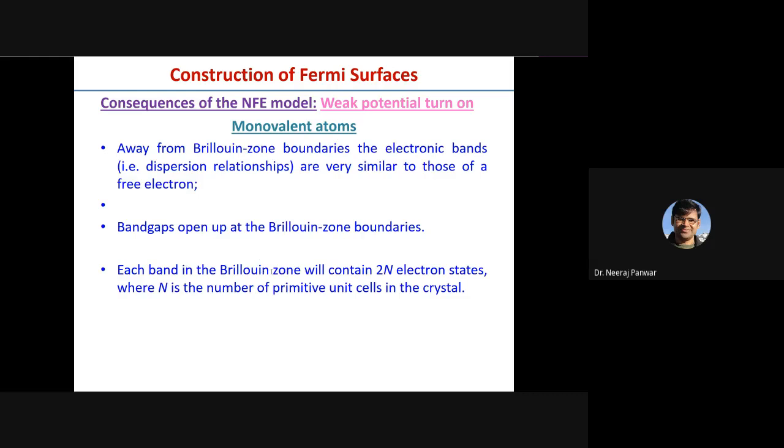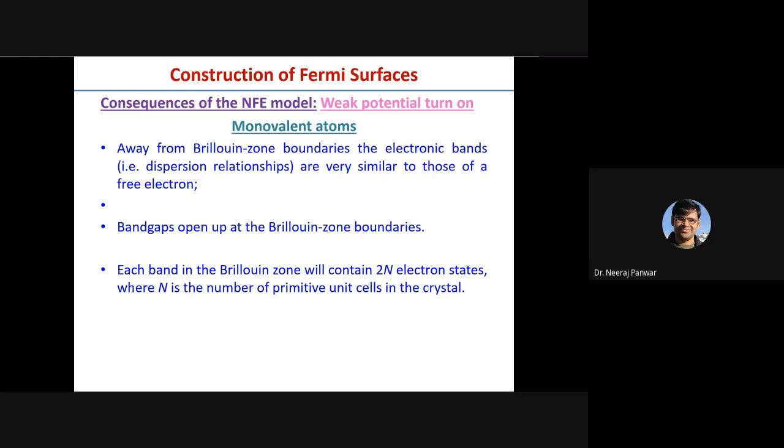Each band in the Brillouin zone will contain 2N electron states, because in the first Brillouin zone there will be capital N number of k values. In the E-k diagram, in the first Brillouin zone, we will have k values equal to capital N, where capital N is the number of primitive unit cells in the crystal.